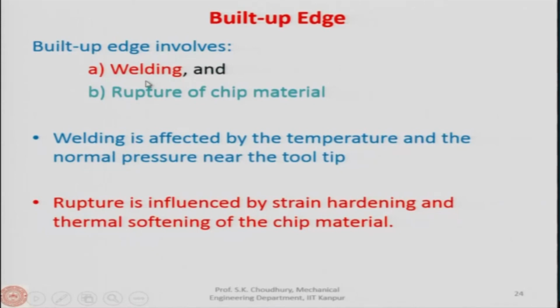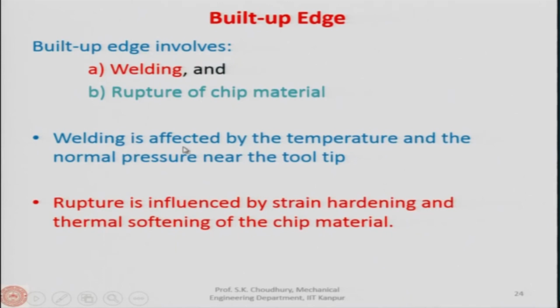Now, built up edge therefore involves welding and rupture of the chip material. Welding, because the two nascent surfaces of the chip and the rake face are getting welded, and it will be ruptured, of the chip material.